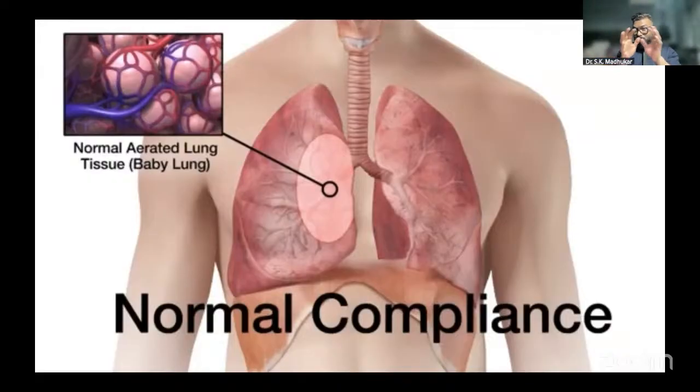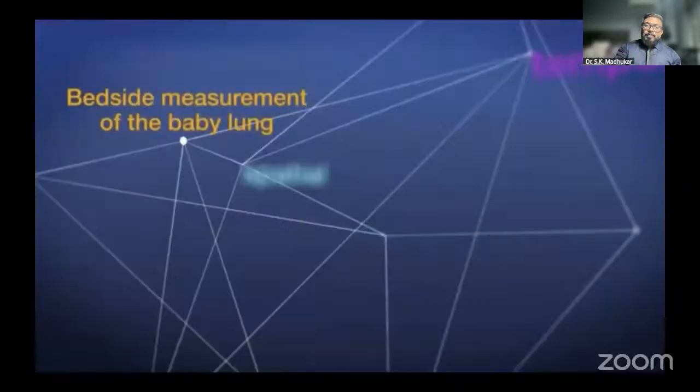So this portion of the lung which is not damaged has to be utilized for the patient's advantage. Now, measurement of the baby lung, how would you know how much baby lung is there? Bedside measurement of baby lung is not possible.